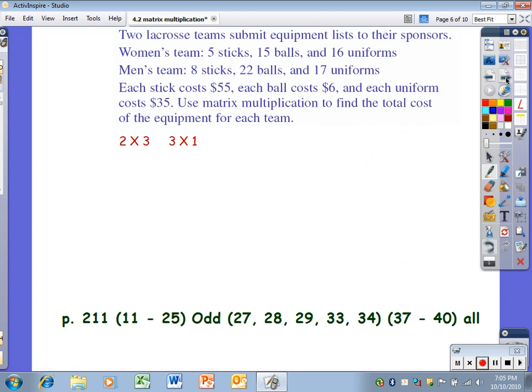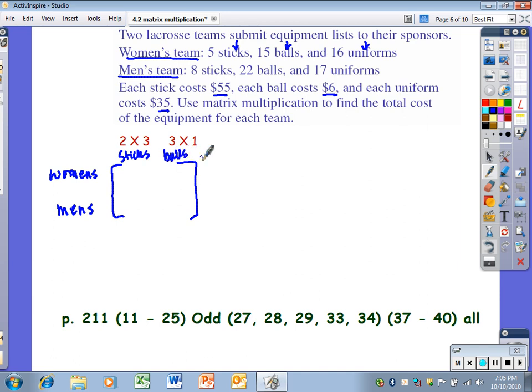All right, so I have set up that I need a 2 by 3 because I have 2 teams with 3 items needed. And then I am going to multiply each item by the one cost it has. So if I do the women's and then the men's, this will identify my first matrix. And this will be the sticks, the balls, and the uniforms.